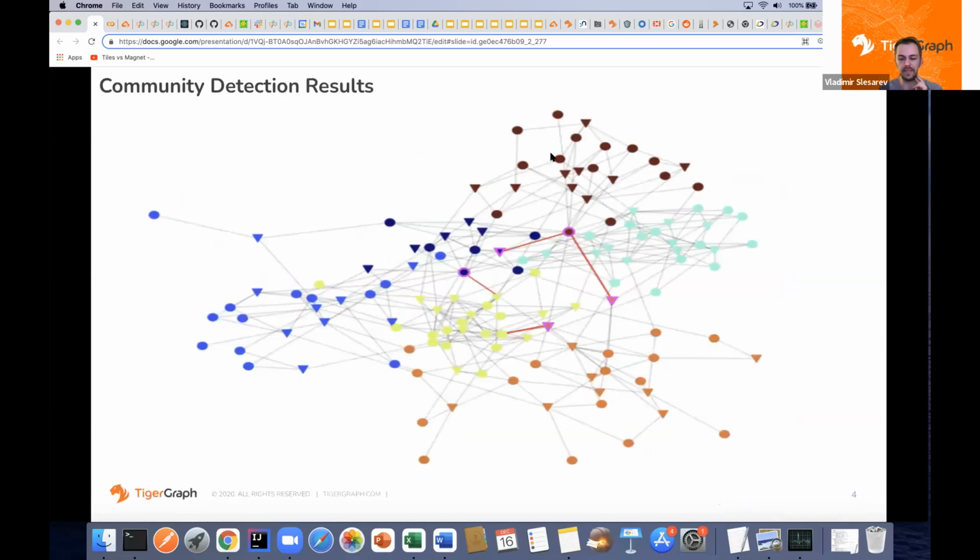Now, one thing I wanted you guys to visualize is what this might look like from the actual data perspective. Here we have a bunch of community clusters. Today, my focus is going to be more on the financial side of things, users and transactions, because that conceptually translates very well for most people.